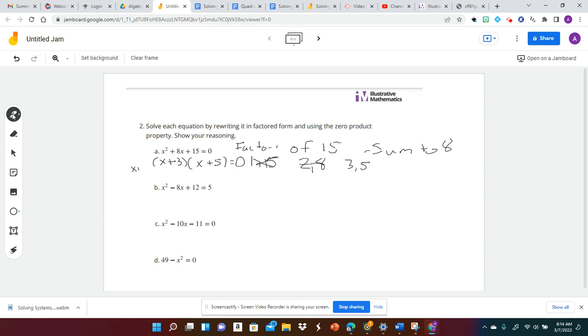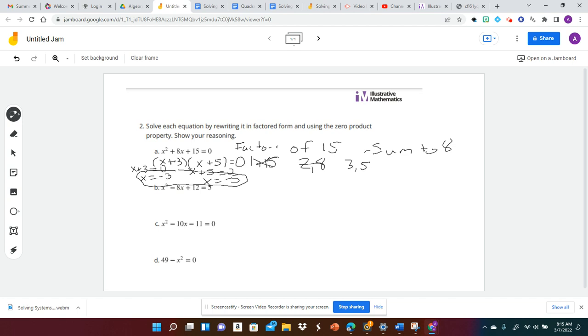You could solve here x plus 3 equals 0, and subtracting 3 from both sides, you would get x equals negative 3. And then here, if I solve x plus 5 equals 0, you can subtract 5 from both sides and get x equals negative 5. So we have our two solutions, x equals negative 3 and x equals negative 5.